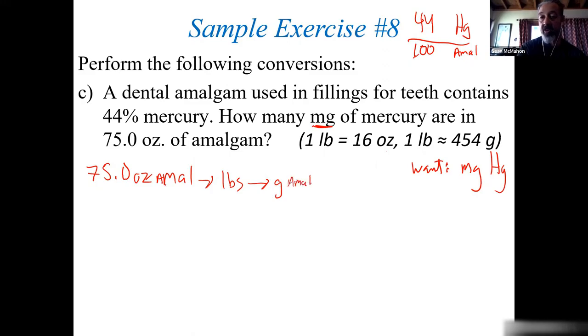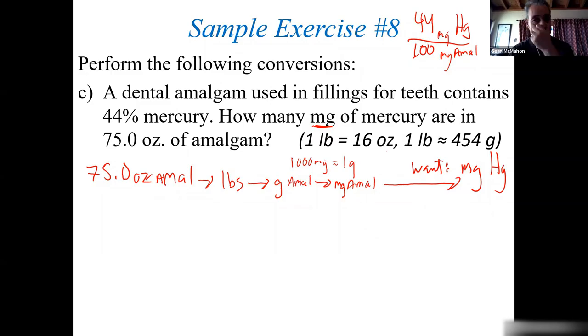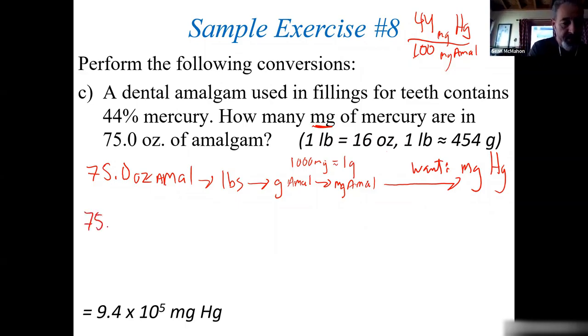Then I can go to milligrams of amalgam, because there's 1,000 milligrams in 1 gram of amalgam. And then I can go from milligrams of amalgam to milligrams of mercury using the 44%. Now, I could have done the 44% earlier. It really doesn't matter. In this example, I just chose that. So the answer is that. Let me write it out for you. 75 ounces of amalgam.